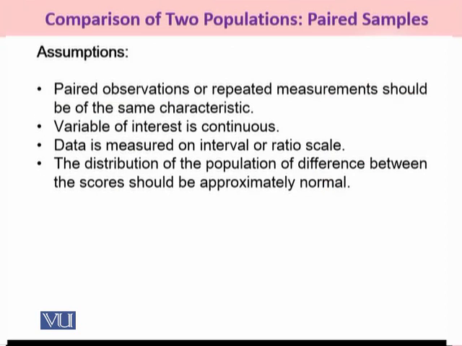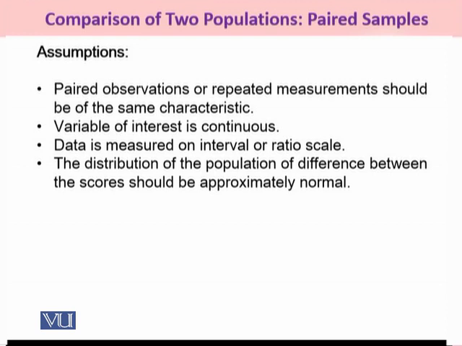Now the assumptions you need to follow for the non-parametric test to compare two populations for paired samples are: number one, paired observations or repeated measurements should be of the same characteristic. As in the example I gave, weight before and weight after are the same type of items you need to compare. Next, the variable of interest has to be continuous in nature.